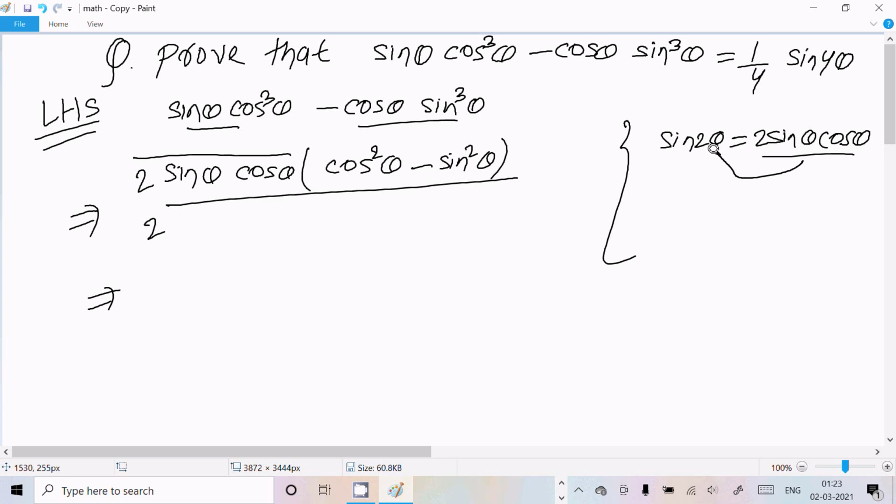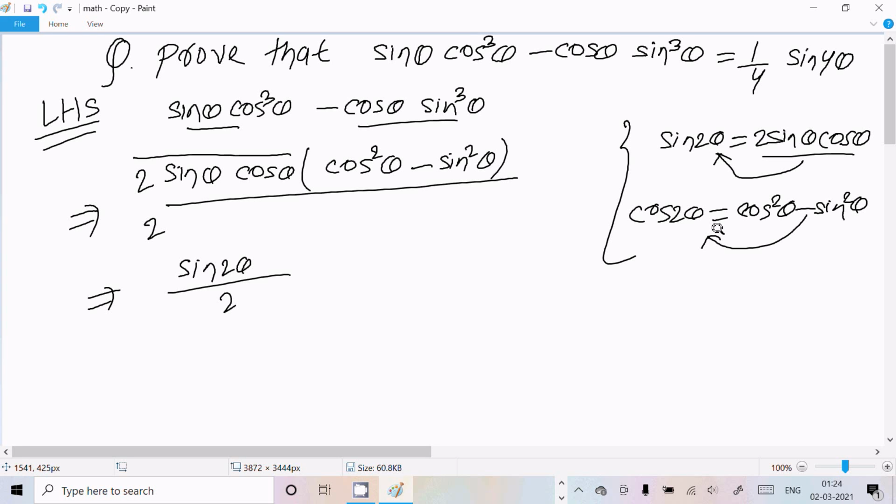So in place of this we can write sin 2 theta, so here write sin 2 theta divided by 2. Now there is a formula for cos 2 theta equal to cos square theta minus sin square theta. So in place of this we can write cos 2 theta.